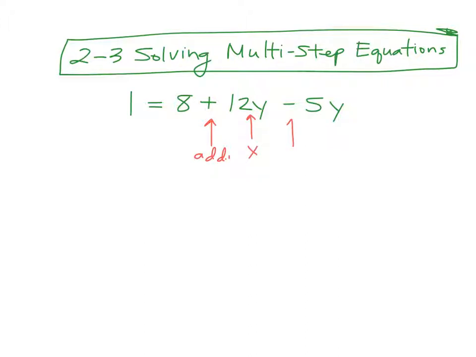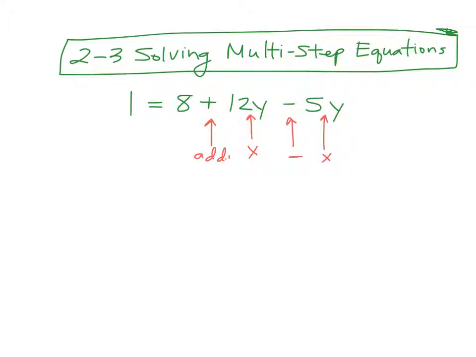Multiplication. Subtraction. Multiplication, right? So currently in this setup, there's a lot of things happening. Now, we're going to simplify it so we don't have to do 4 steps to get there. But there's a lot of things happening.